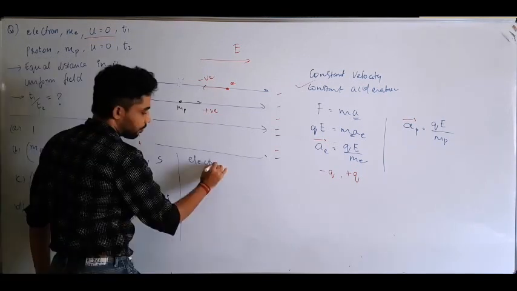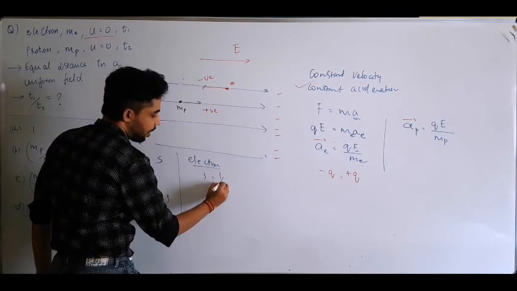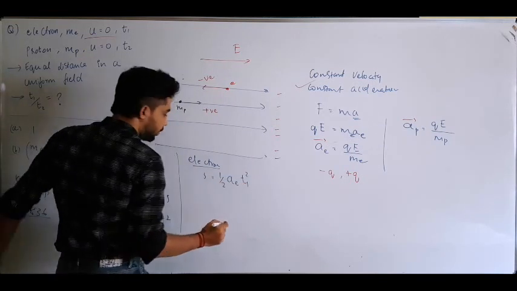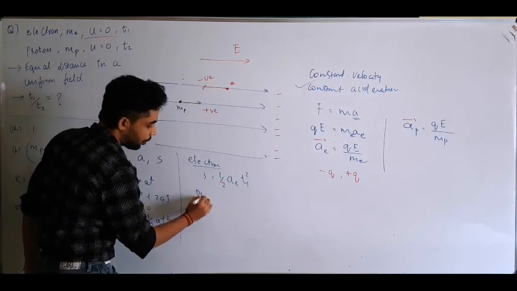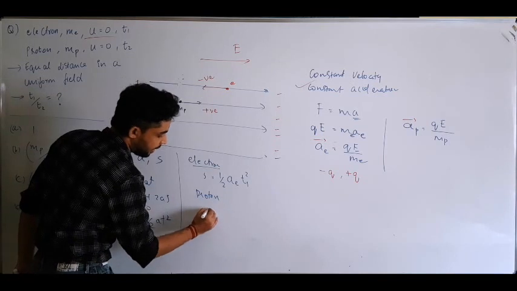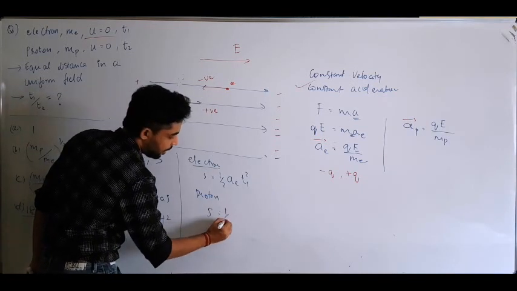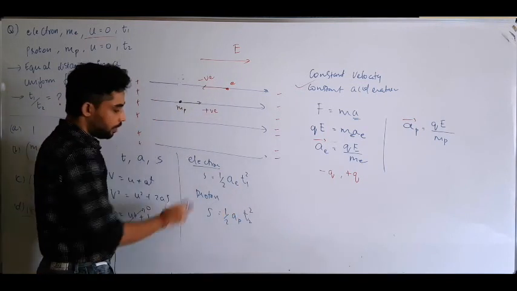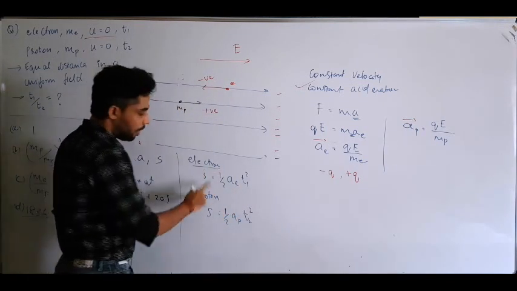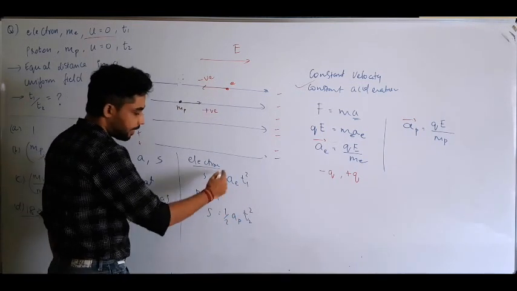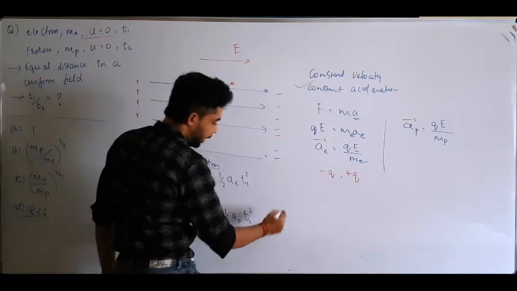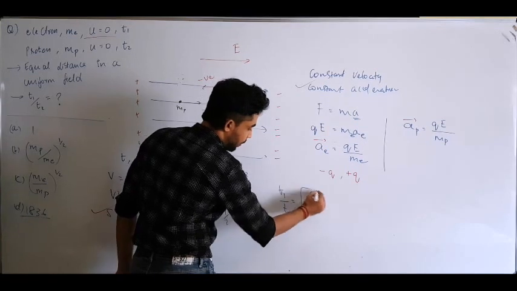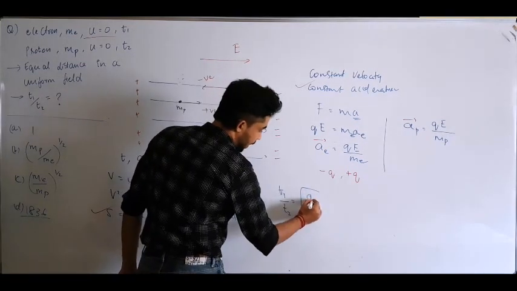So I'll just do that. s is equal to half ae t1 square, as they have given the time for the electron as t1, and for the proton I can write the same distance s equal to half ap t2 square. Now since the distances are equal, if I divide both of them, s cancels, half cancels, and I get t1 by t2 is equal to the square root of ap by ae.